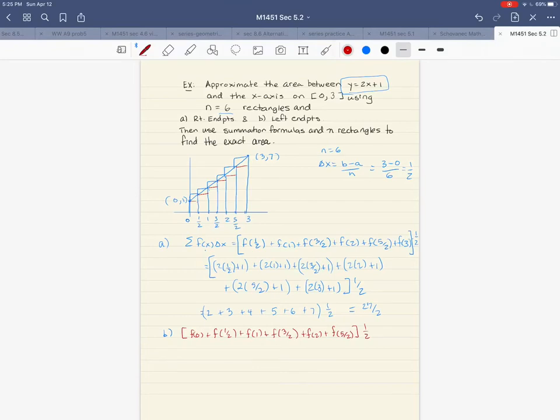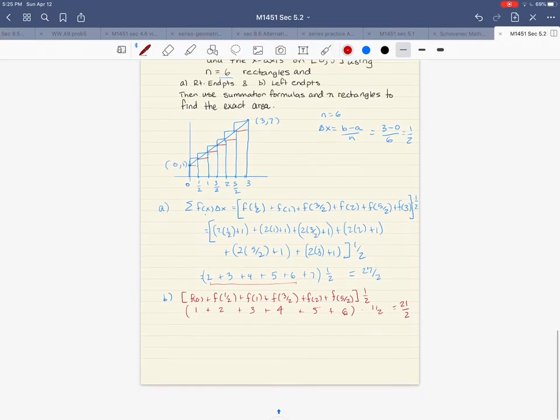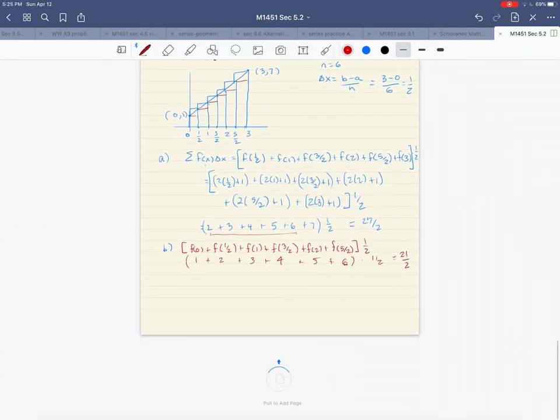So I have all of these numbers. Those are these guys. Throw in f of 0, which is 1. So it's 1 plus 2 plus 3 plus 4 plus 5 plus 6 times 1/2. So that's 7, and 7 is 14, 21 over 2. So this one is about 10.5, the other one was about 13.5.